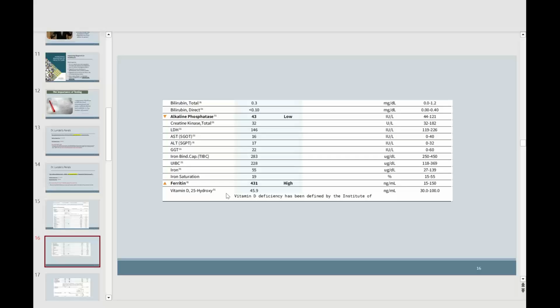Alkaline phosphatase is an excellent marker for zinc. Many studies have made that correlation between zinc levels and alkaline phosphatase. It is a zinc-dependent enzyme, and so now we're painting a picture. We've got magnesium deficiencies, we've got zinc deficiencies. This is likely someone who's got multiple mineral and electrolyte and trace mineral deficiencies.